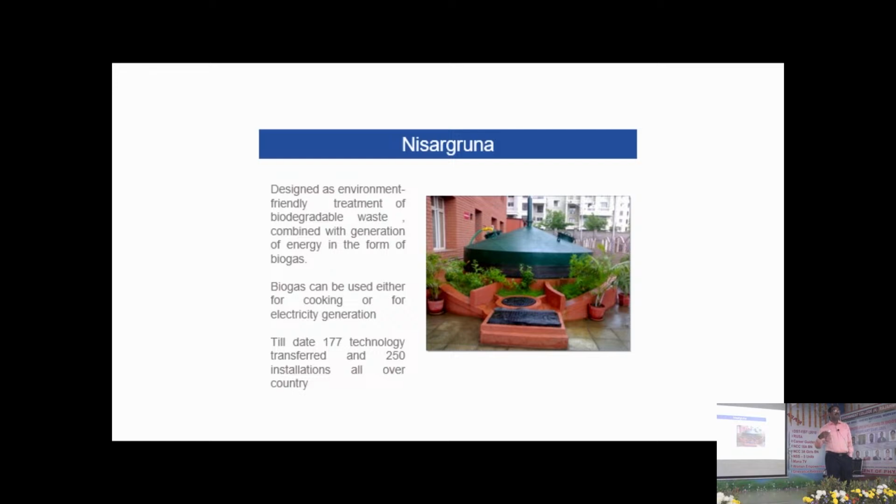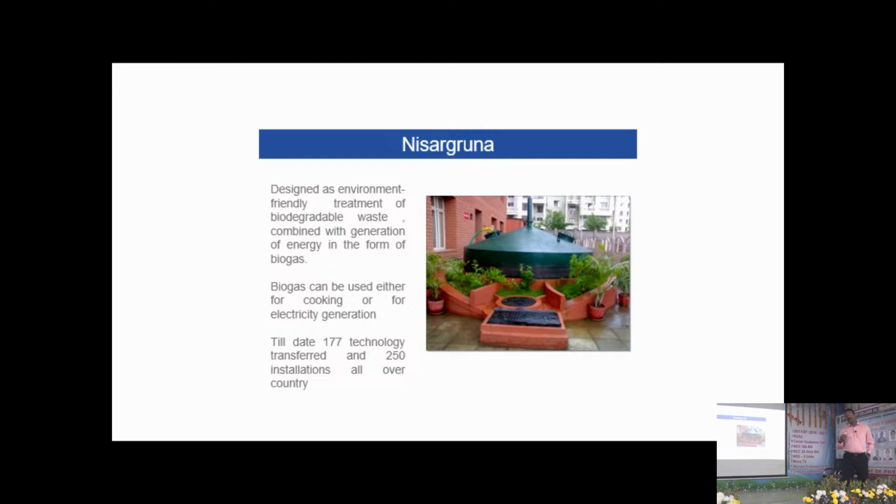Nisarguna is one famous technology BARC has given. Nisarguna basically means giving back to the environment. So what we have done is, first a hydrolysis process is done, and then anaerobic digestion is done, where this kitchen waste gets converted to two things. It can be converted to methane, which can be used for biogas application, and we also get manure out of it.